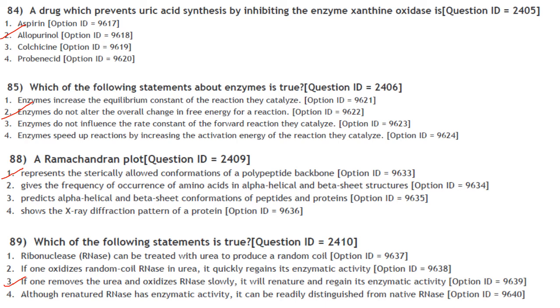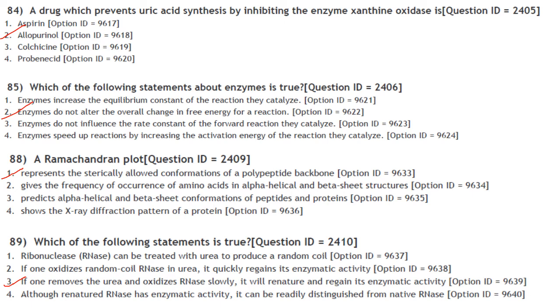Then, if one oxidizes random coil RNAs in urea, it quickly regains its enzymatic activity. No. But if one removes the urea and oxidizes RNAs slowly, it will renature and regain its enzymatic activity. That is correct.